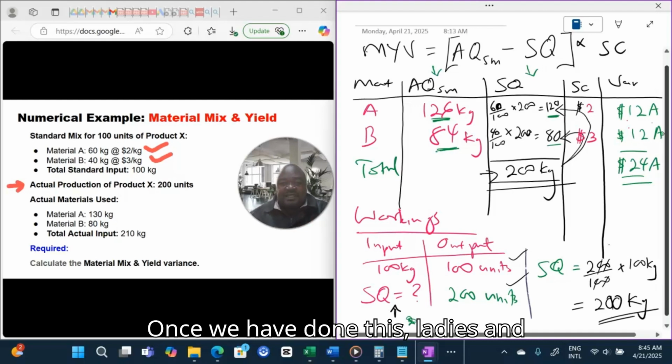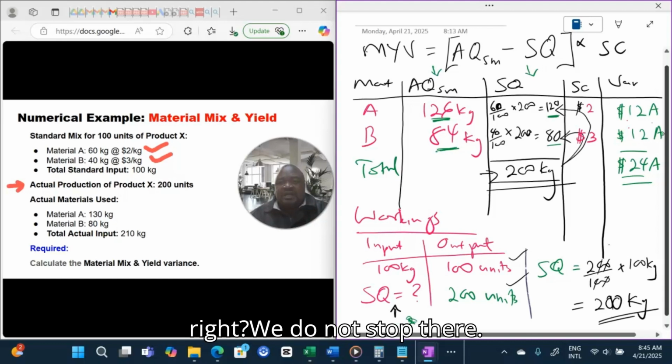Once we have done this, ladies and gentlemen, we do not stop there. All right? We then calculate what is called the material usage variance.